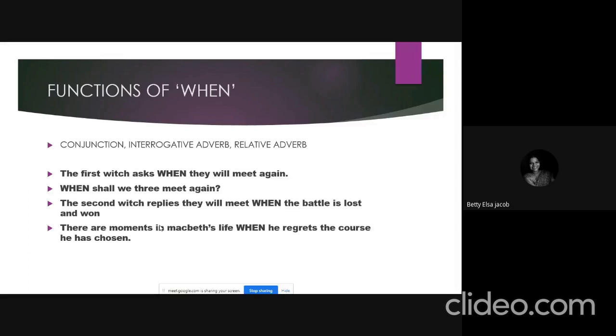Now, the remaining WH question words will never take the position of an adjective or a pronoun, so they will always continue to be interrogative adverbs or relative adverbs. The question words like where, when, how, and why will always function as an adverb depending on whether it comes in a question or a statement. We categorize them as interrogative adverbs and relative adverbs.